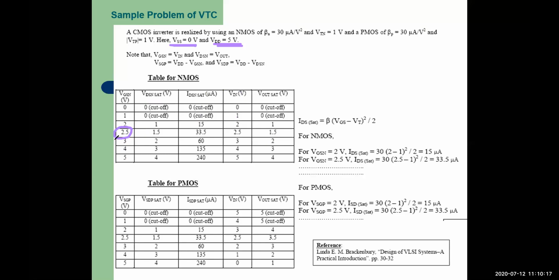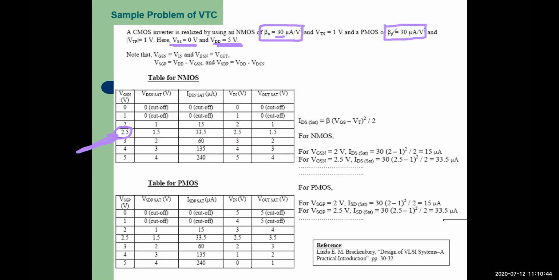But there is a problem, because if you take more values, it will take more time and it will be harder to draw the graph. So why have we taken 2.5? Our wish. We want to see what the performance will be at 2.5, because you look at the beta. Here the beta is 30. Here the beta is also 30.